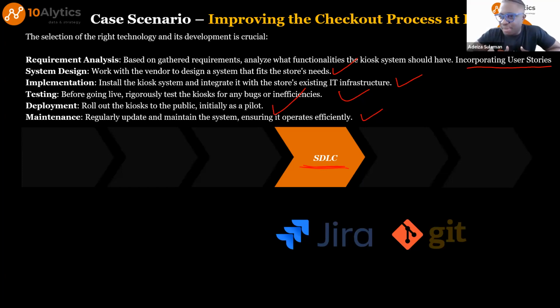Because if you have a typical customer like me, I go into the store every day, I have to wait on a queue, but now I come into the store and I see that there is a self-service kiosk or self-checkout kiosk. How do I use it? How do I even know that there is a self-checkout kiosk? So education and training becomes important.